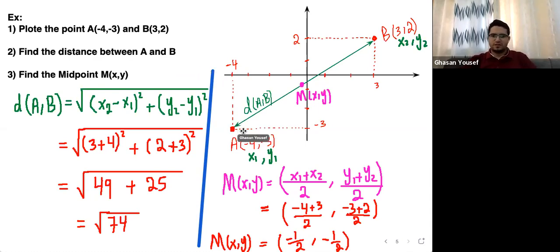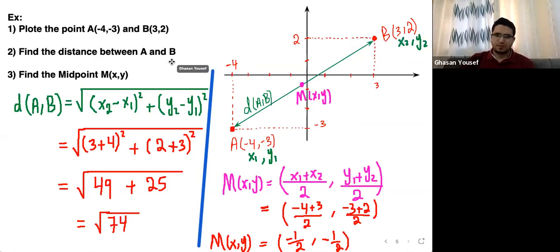So this is my first point. The same thing for the second point B, the ordered pair is 3 and 2. You go to the positive 3 on the x-axis and the positive 2 on the y-axis, and find the intersection of the two lines.